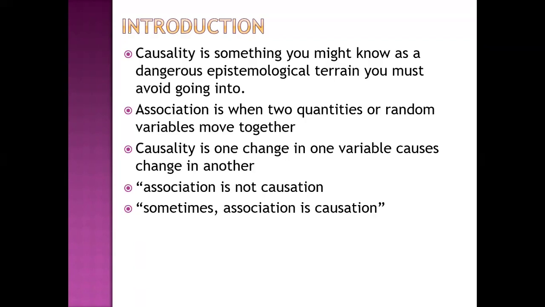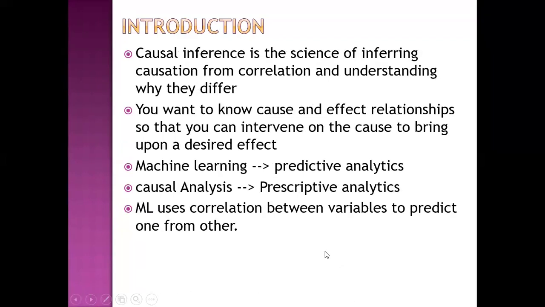It is important to note that association is not causation, but sometimes association is causation. Causal inference is the science of inferring causation from correlation and understanding why they differ.